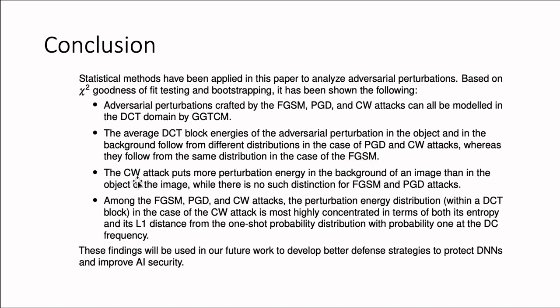But the CW attack, which is a very powerful attack, puts more energy in the background than the object of the image, while the FGSM and BGD attacks do not.